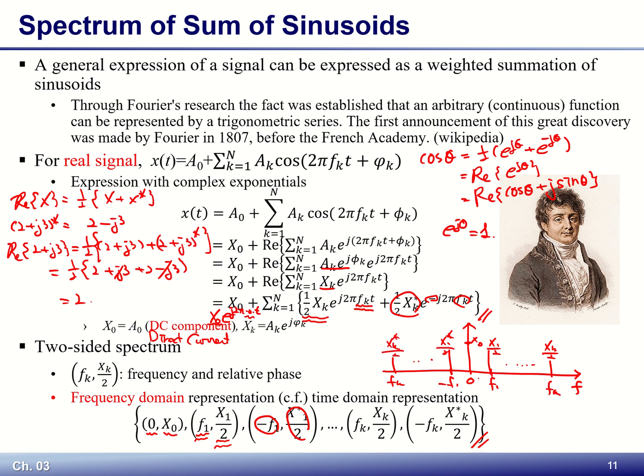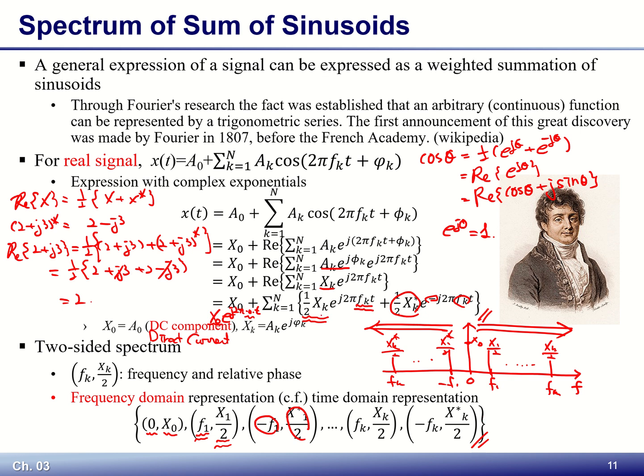Against the y-axis there are two sides, negative side and positive side, so you call it a two-sided spectrum. The expression of this is a set of two-tuples, frequency and amplitude, called frequency domain representation.